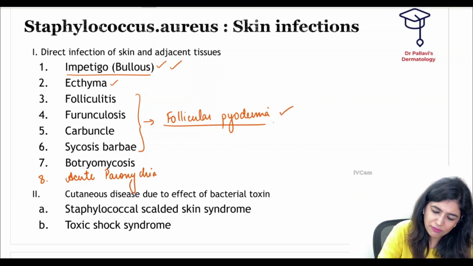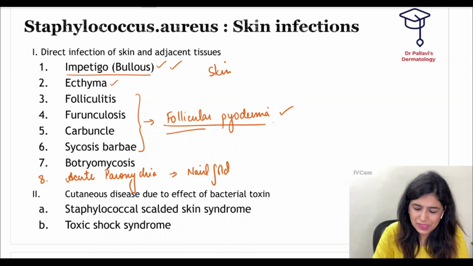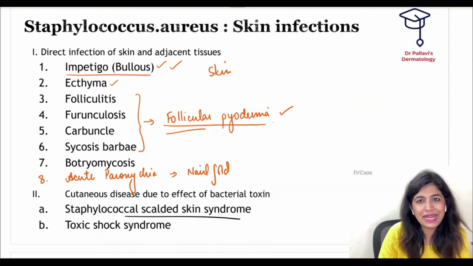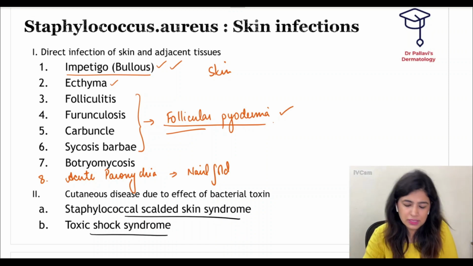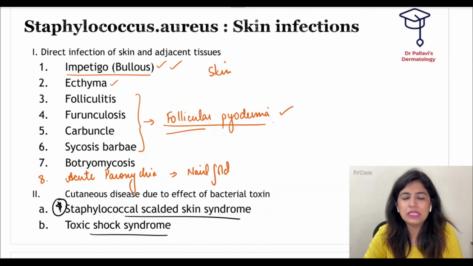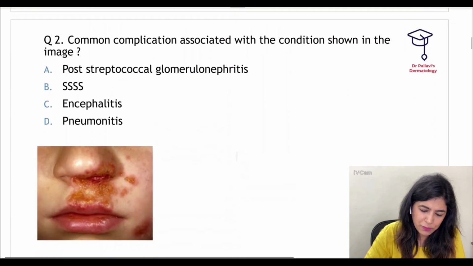So see, it is causing infection of skin, hair follicle, and the nail fold. So these are all the infections which are caused by Staph aureus. The toxin leads to two more disorders, which is staphylococcal scalded skin syndrome and the toxic shock syndrome. Very important is the staphylococcal scalded skin syndrome. Okay, so this list should be clear to all of you.